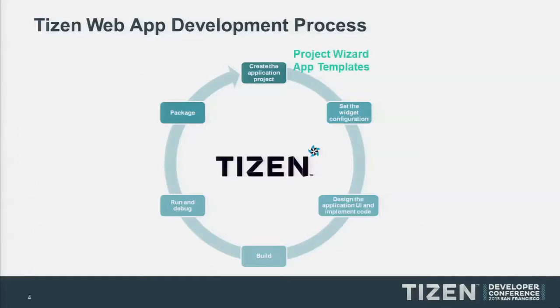To address this process, the Tizen Web SDK has a set of tools to support each phase. To create an application project, it provides a project wizard and many Tizen web application templates, to help developers create a new Tizen web application project.